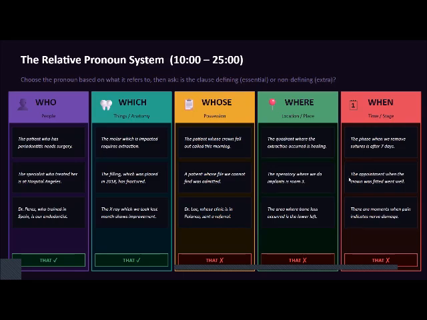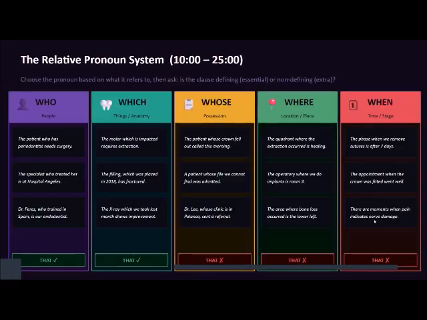The appointment when the crown was fitted. So the appointment, maybe it was on Monday, maybe it was on Tuesday, and the crown was fitted and everything was good. All right. Number 3. There are moments when pain indicates nerve damage. Nerve damage. Good.